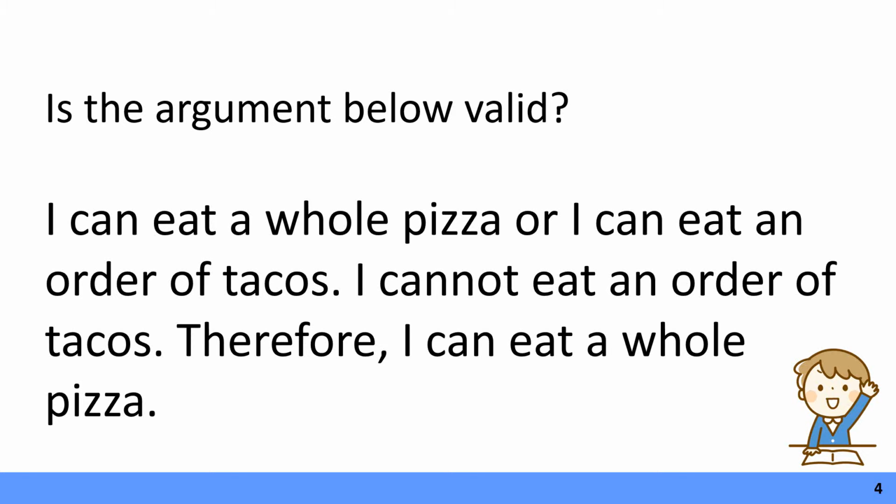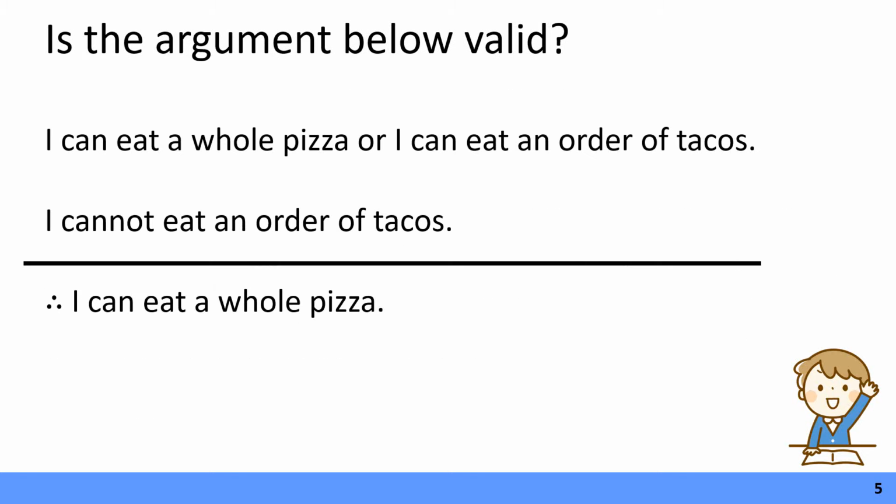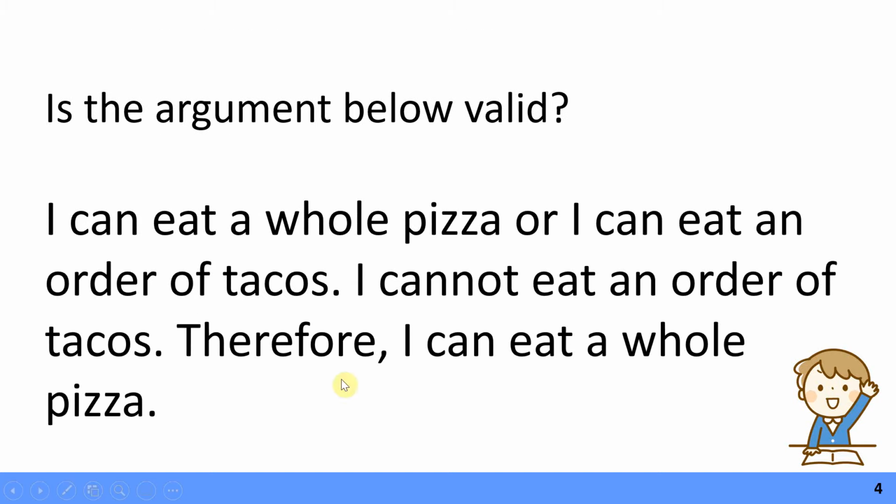So hopefully you agree with what I did here. Every sentence is actually a part of my symbolic argument. So the first sentence, which was I can eat a whole pizza or I can eat an order of tacos, is actually my first premise. I cannot eat an order of tacos, which was the second sentence, was my premise number 2. And then let me just go back real quick.